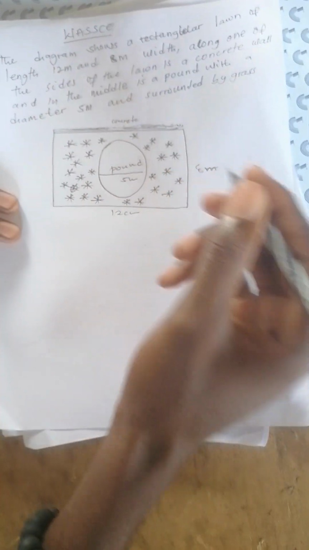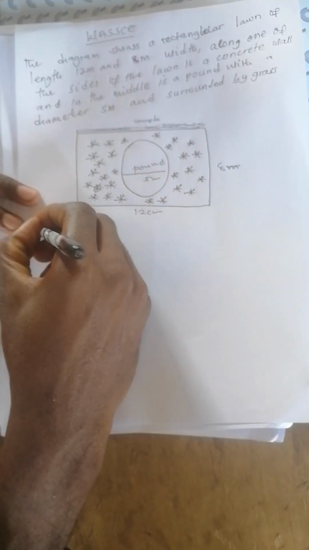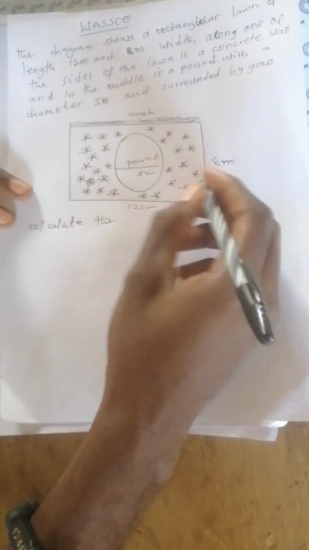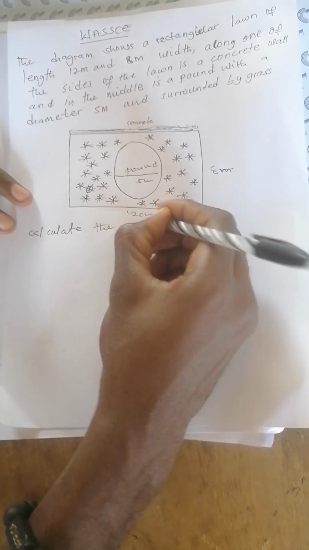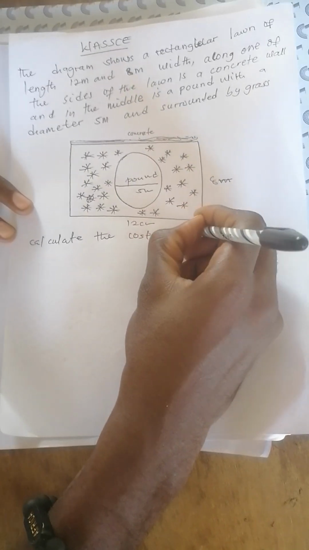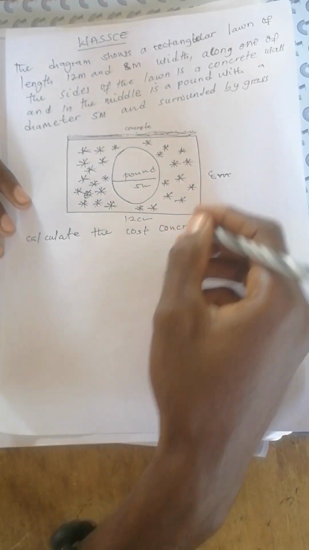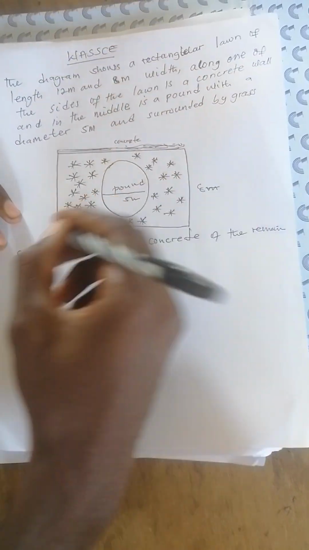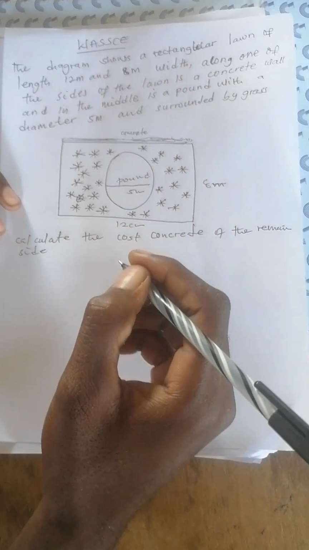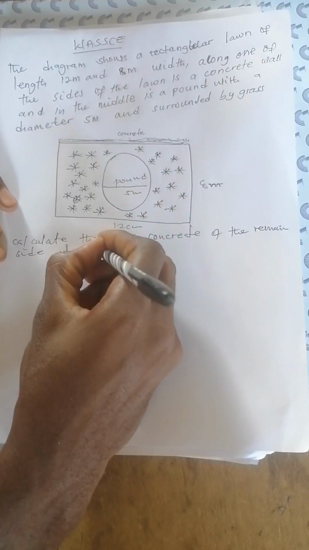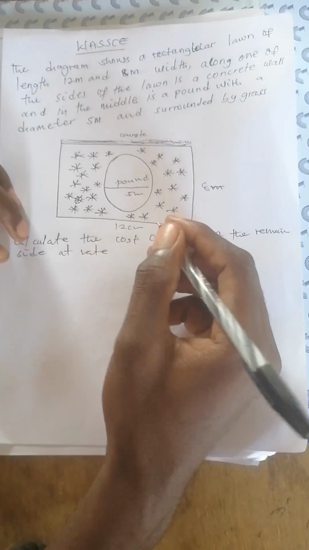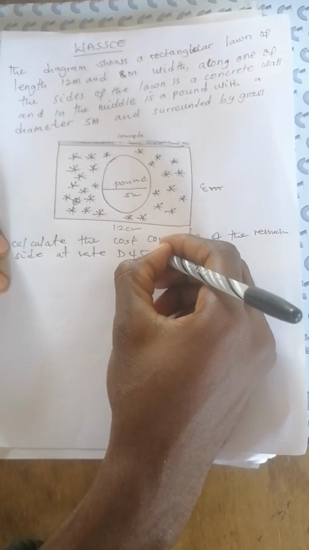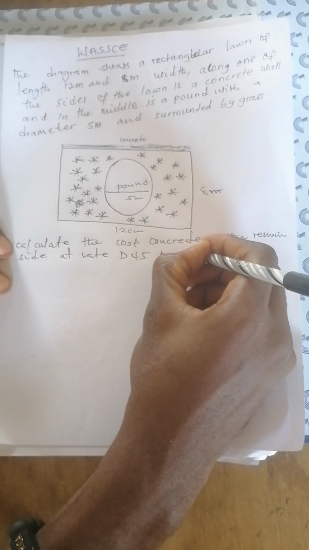The question is to calculate the cost of the concrete of the remaining side at the rate of $45 per meter.